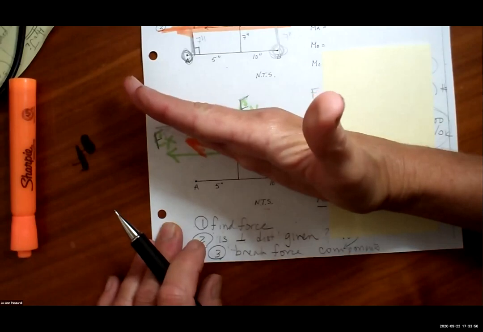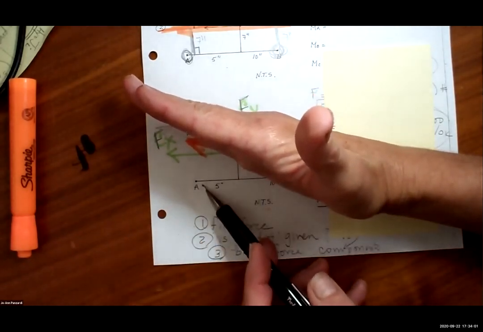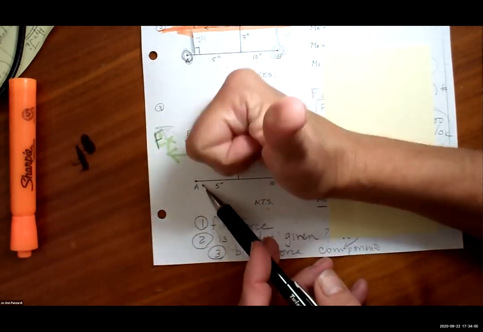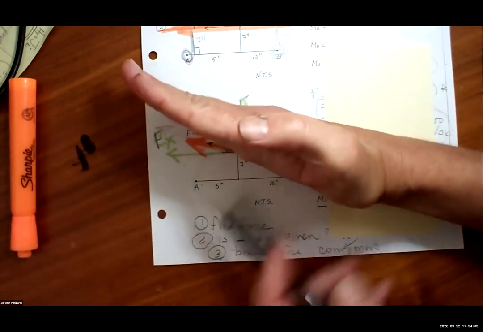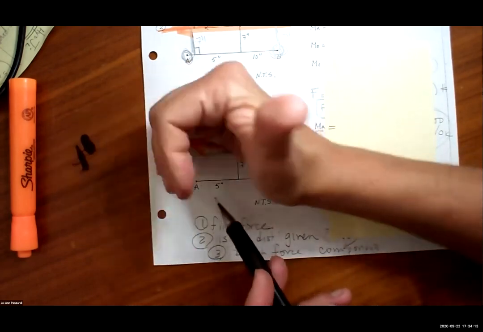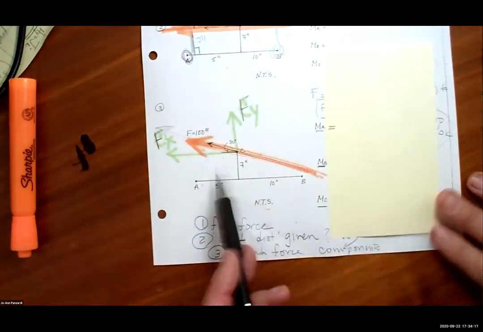I think it would be a positive moment. Correct. My fingers go in the direction of the force. Palm goes towards where I'm finding my moment about point A, and my thumb is sticking out. It's a positive. I'm getting a counterclockwise, so I know in the end, it should be positive.